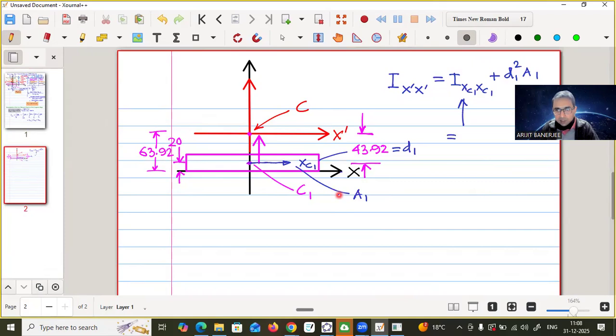I xc1 is nothing but 1/12 of bh cube. That you have to memorize.